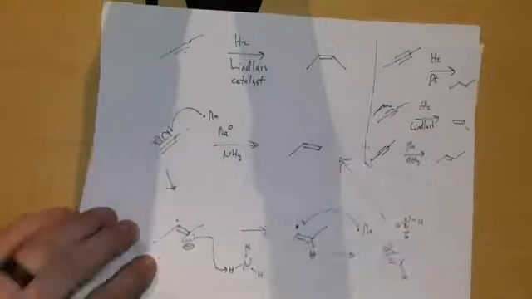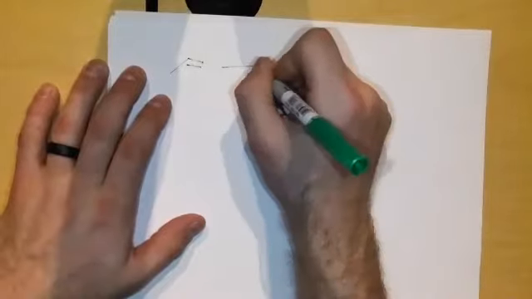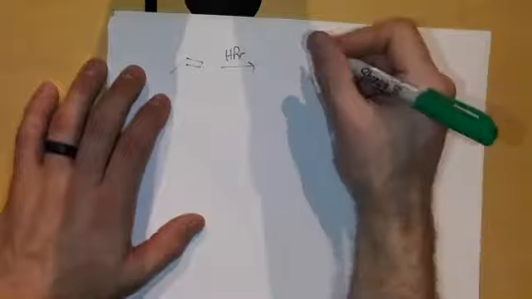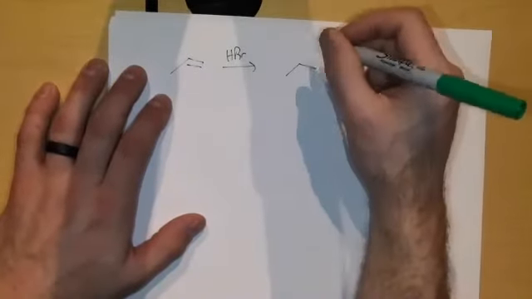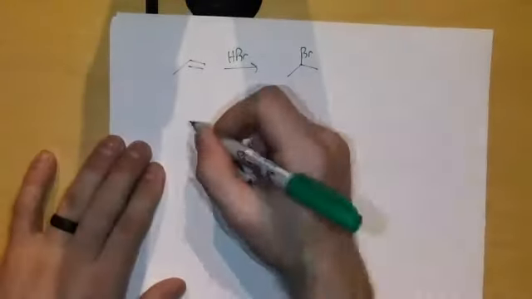So some similar reactions, some really similar ones to the one from chapter 8. So if we throw in HBr with a double bond here, we can brominate. Same thing with a triple bond.